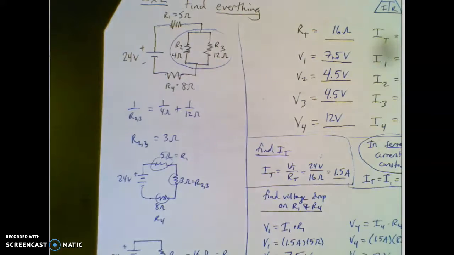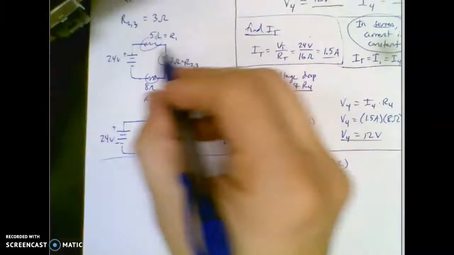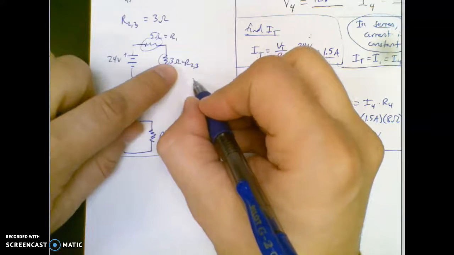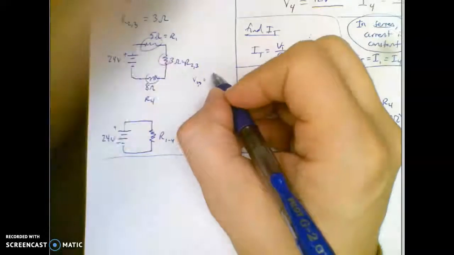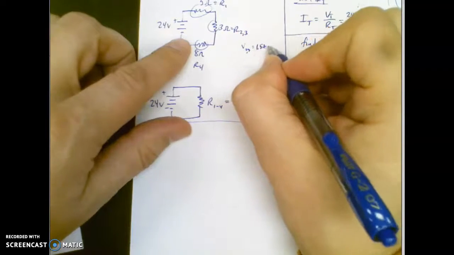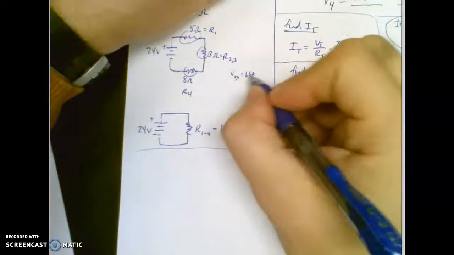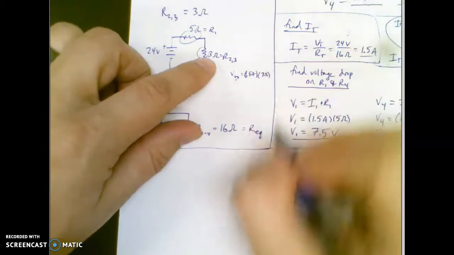I could have also used this guy here. And I could have said, okay, the voltage drop at 2,3 equals the current at 2,3, which is 1.5 amps, because it's behaving like a series, times the resistance at 2,3, right?